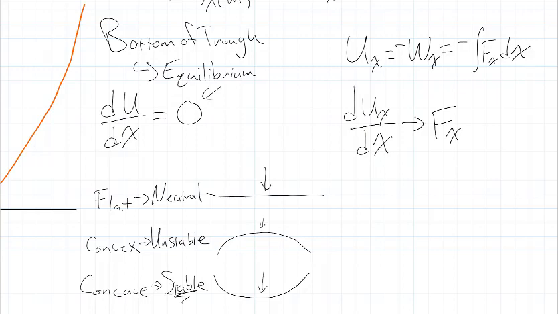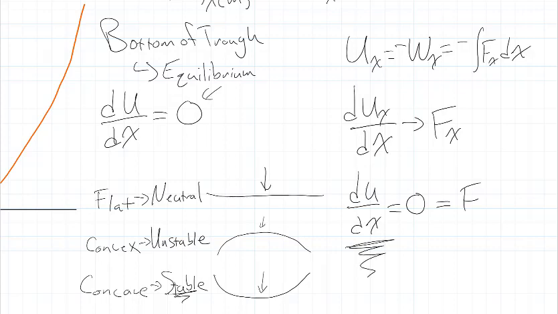And so this makes sense in terms of our definition of an equilibrium point here, right? If our dU/dx equals 0, then that means we have no force in that direction, and so our object is not going to be pushed in one direction or another.